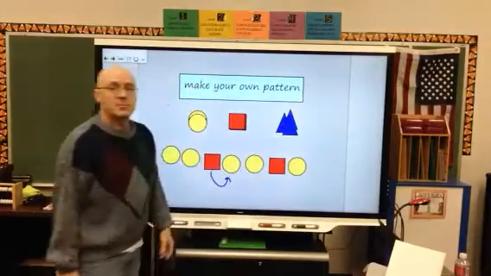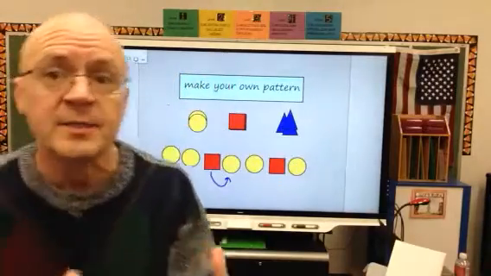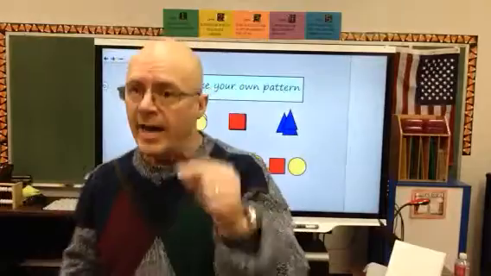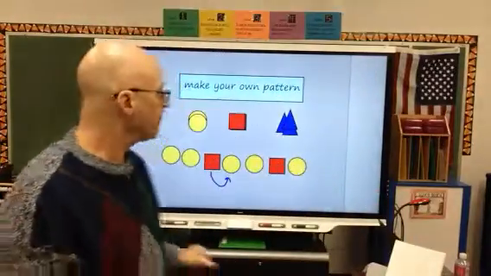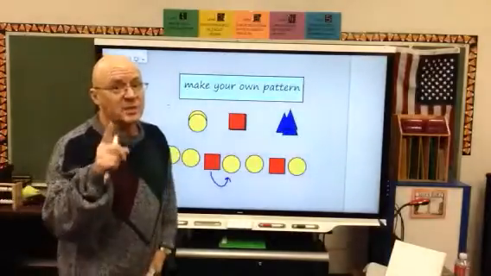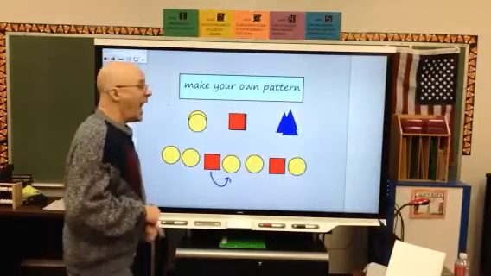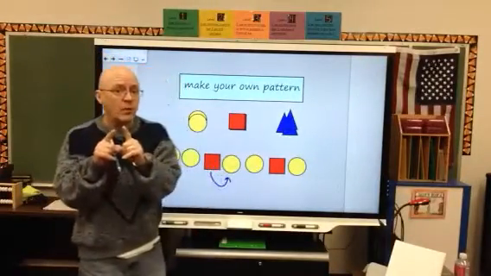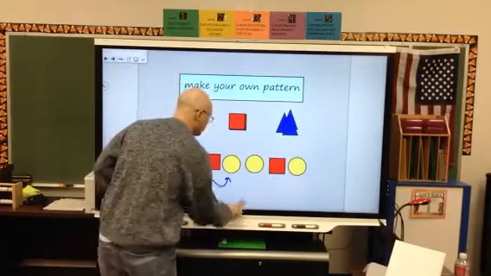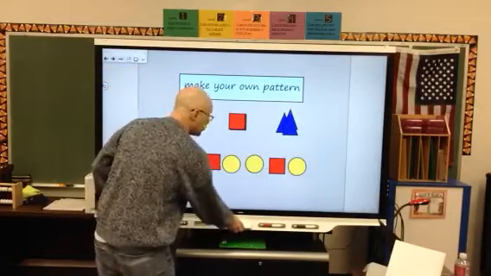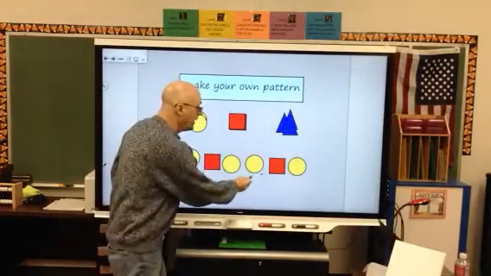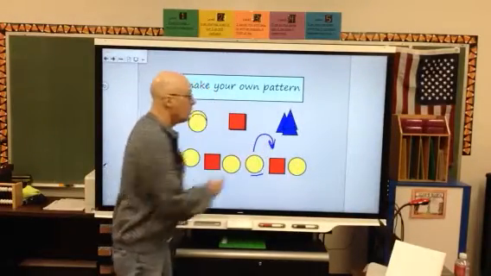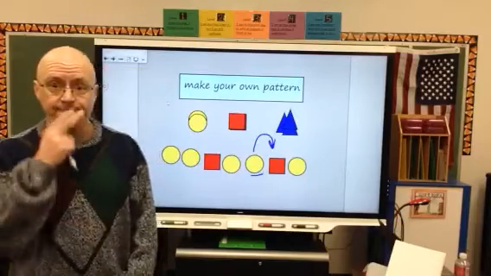Now, sometimes patterns will have two things in a row that are the same, and I see kindergartners making this mistake. Watch me closely. They'll say, well, what comes right after yellow circle? And they'll go back and find a yellow circle and say, red square.